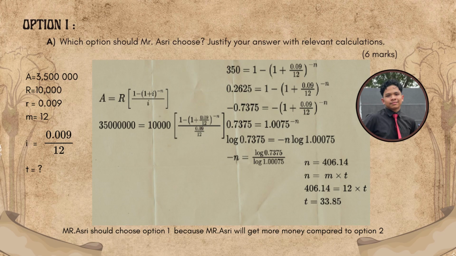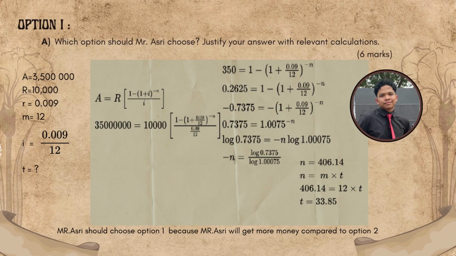So we use n equals m multiplied by t to find the t, and we got 33.85. So Mr. Asri should choose option 1 because Mr. Asri will get more money compared to option 2, because option 1 has more years compared to option 2.